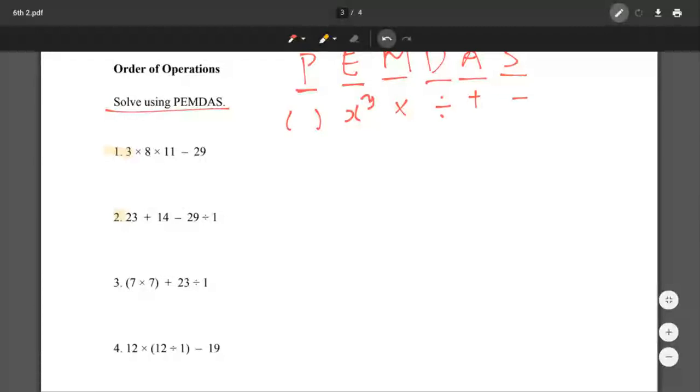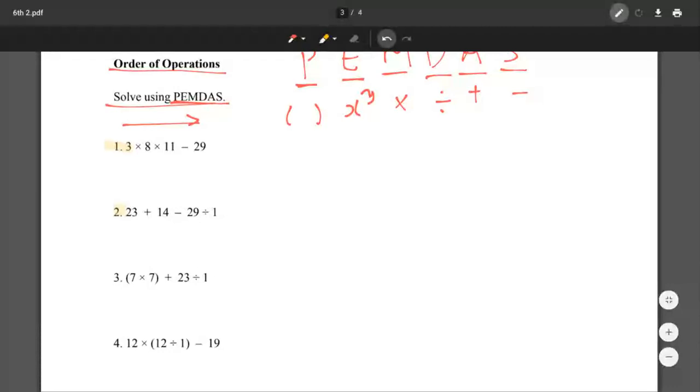And so number 1, we have 3 times 8 times 11 minus 29. And then we're going to solve that using order of operations. So always remember, we're going from left to right, following PEMDAS.